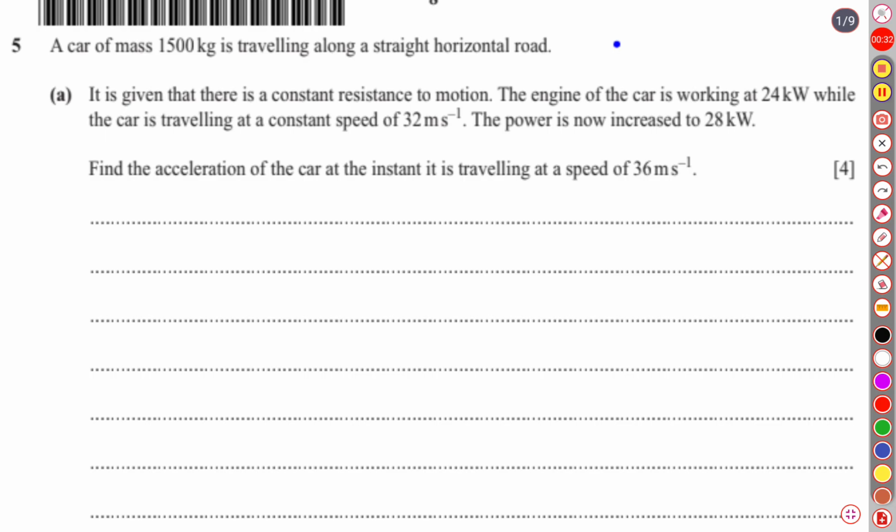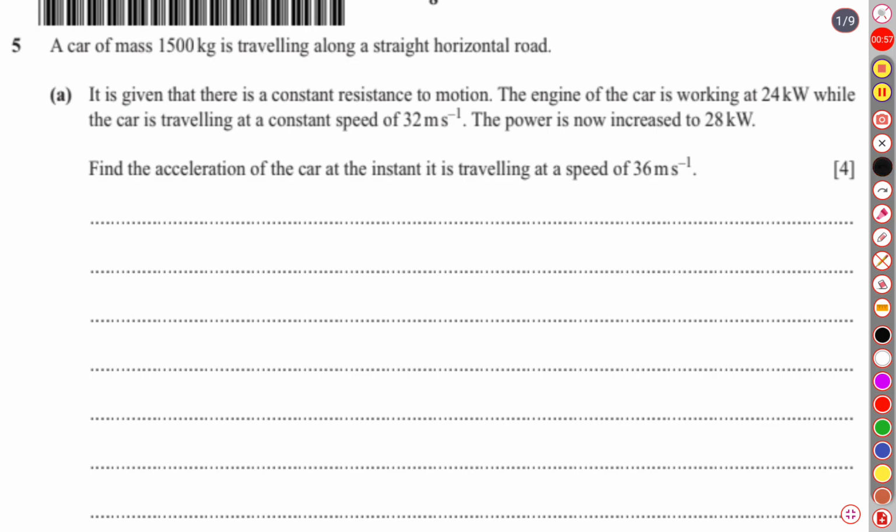The engine of the car is working at 24 kilowatt while the car is traveling at a constant speed of 32 meter per second. The power is now increased to 28 kilowatt. Find the acceleration of the car at the instant it is traveling at a speed of 36 meter per second.